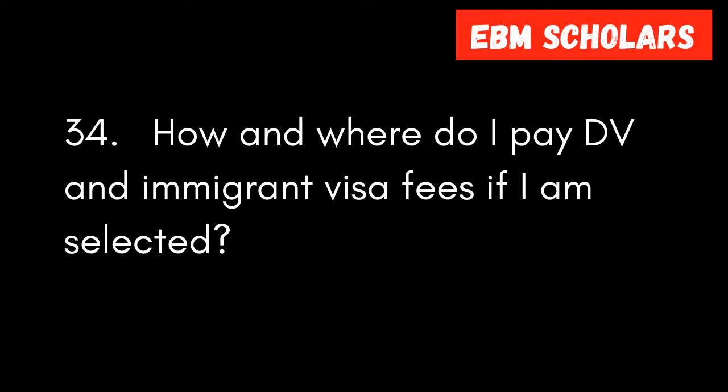But the immigrant visa fee, just like if you come as a student, you pay for the visa fee. Tourists, you pay for the visa fee. So for the green card immigrant visa fee, you pay by cash, 320, whatever the amount of money you're supposed to pay, 330.